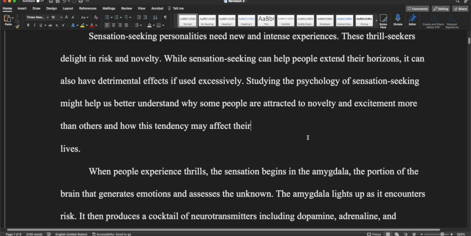Studying the psychology of sensation seeking might help us better understand. Let's be more directive. Will help. So this is a nominalization, okay? This word right here, studying, is a nominalization. If you think about the parts of that, if we say something is nominal, we would mean in name only, right?